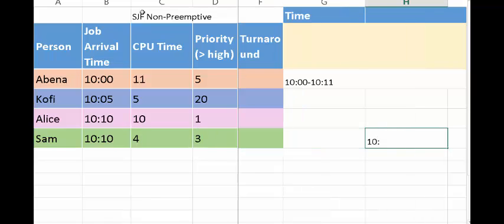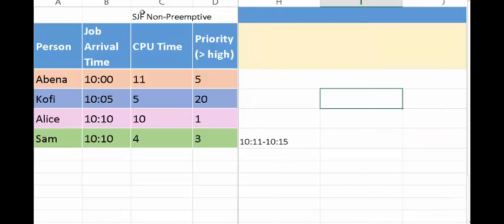That's from 10:11. This is the shortest job, no preemption, and it would end at 10:15 because he's supposed to go for 4. After this, we ask ourselves, who is the shortest job now? There are 2 people left over, Kofi and Alice, and between them Kofi has a shorter job, so he's going to go from 10:15.